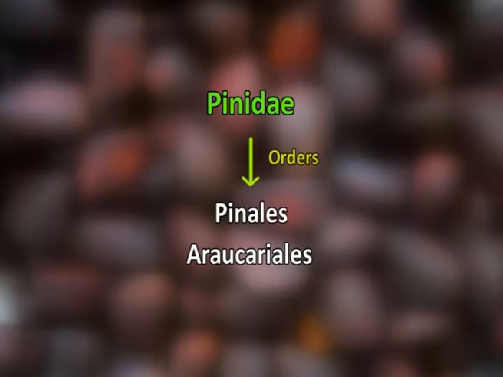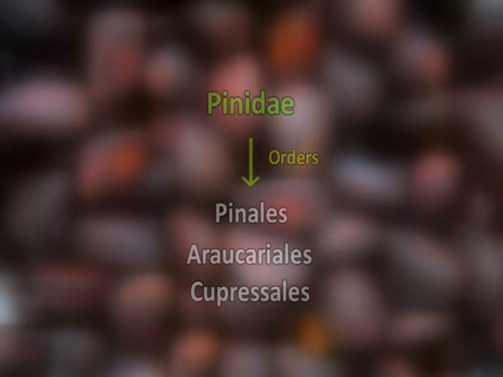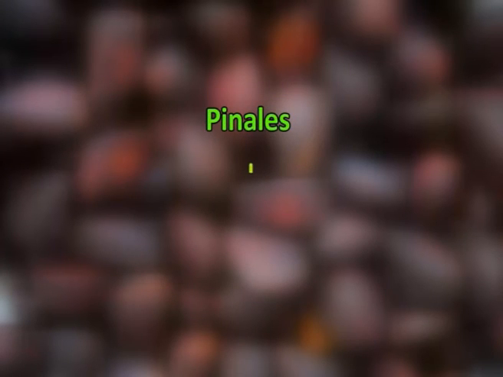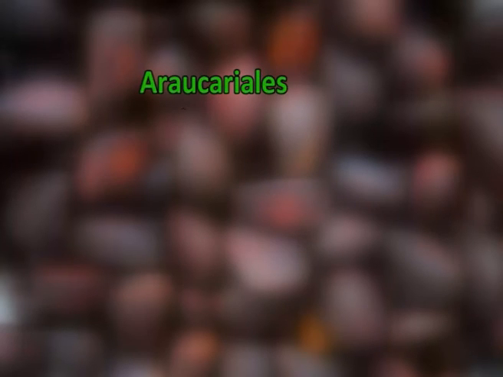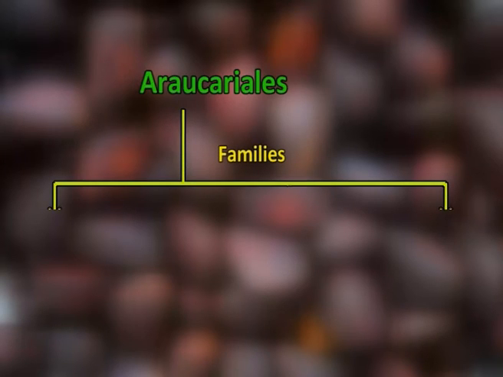Pinidae was further divided into 3 orders, namely 1. Pinales, 2. Araucariales, and 3. Cupressales. Order Pinales had a single family, Pinaceae, while order Araucariales had 2 families, 1.